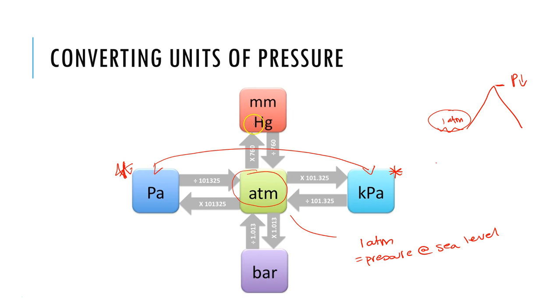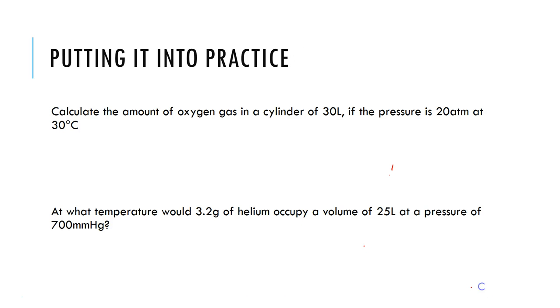To go from millimeters of mercury to atmospheres, we divide or multiply by 760 depending on which way we go. For most conversions, we always go through atmospheres to get to a different pressure. Primarily, the IB exam questions tend to deal with pascals and kilopascals and don't tend to ask you to convert units too much, but it is worth being aware of.